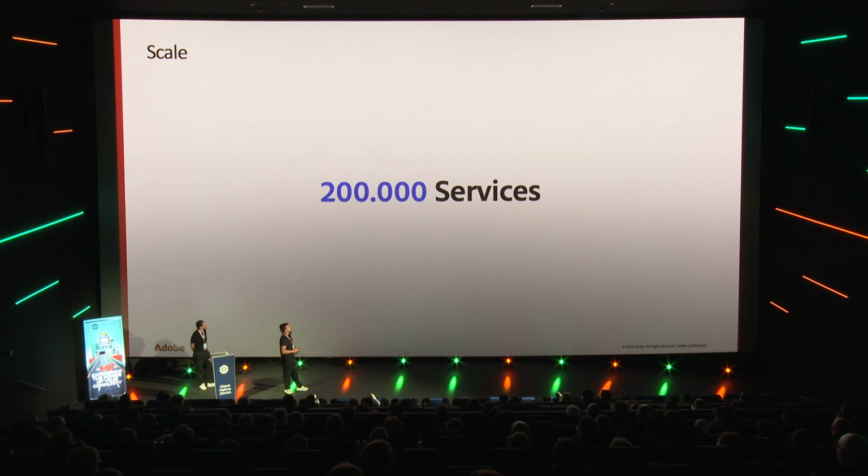So this equates to around 200,000 services because, as Iveri mentioned, Adobe Experience Manager is essentially a content management system. So you can think that each one of these 15,000 namespaces is a customer website. Multiple websites that you use on a daily basis are running on AEM.